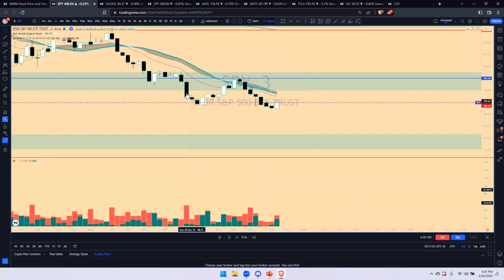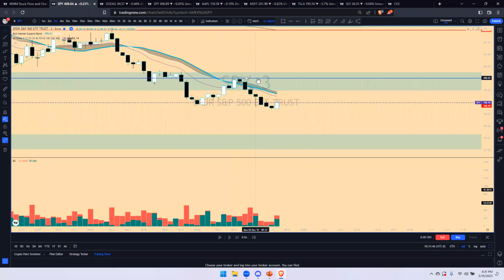This setup requires discipline. See, if you would have chased short here, you would have gotten smoked. This would have been my entry. You could have gotten in at the retest of this psych level, the $400 psych level. Damn, I didn't even notice the $400 psych level was there.